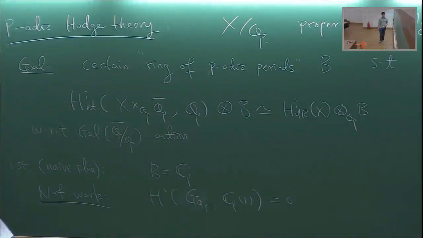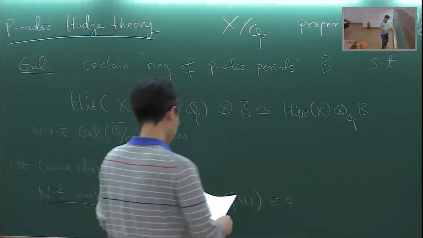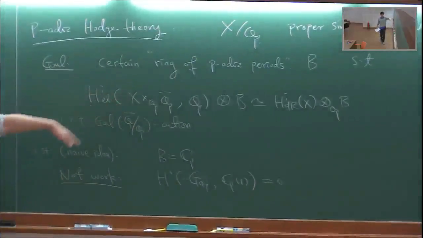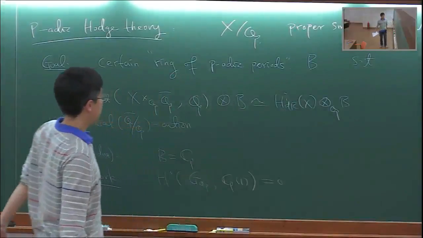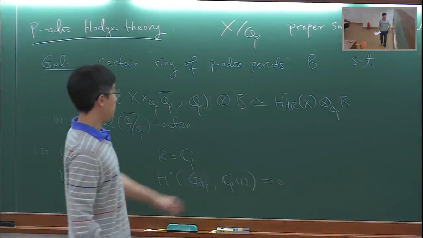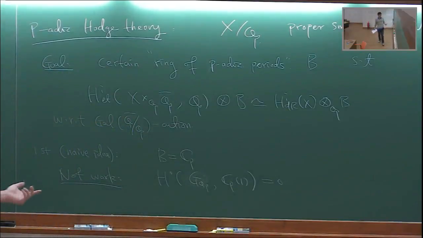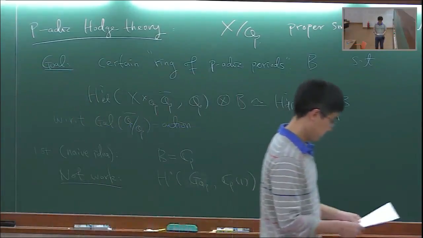But in the comparison, because Q_p(1) is already naturally in geometry, if you plug this into this comparison, you will have that the right-hand side is somehow a nontrivial thing, but the left-hand side is trivial. So this is a contradiction.